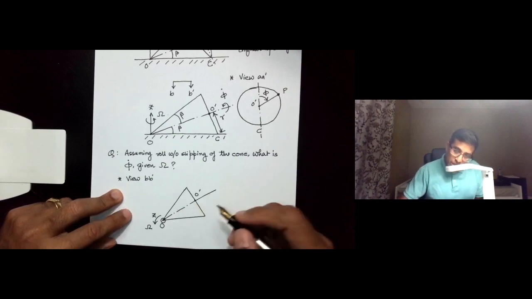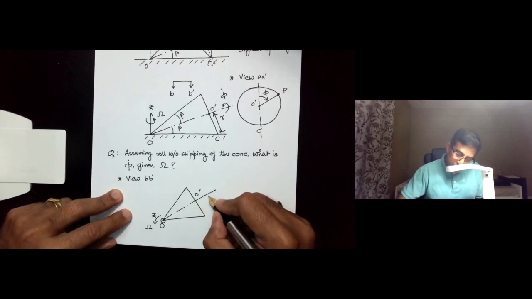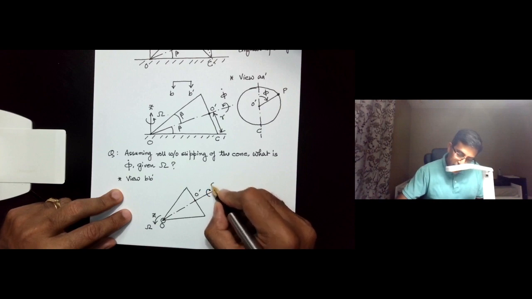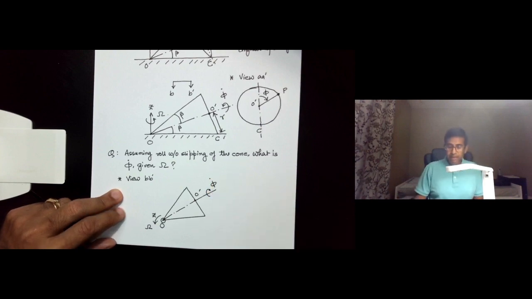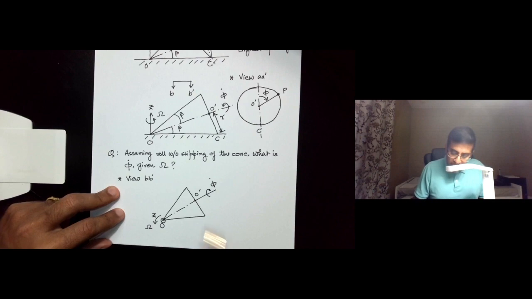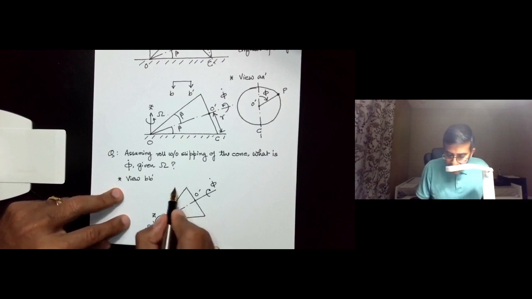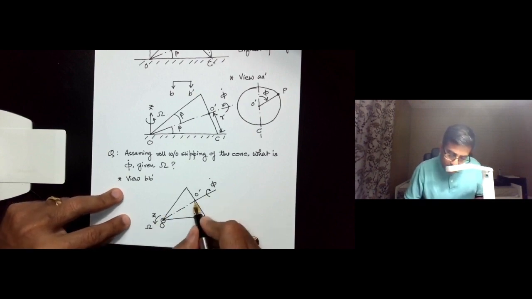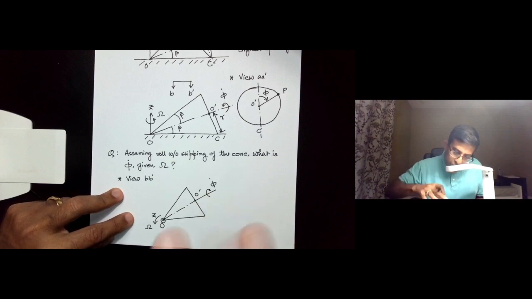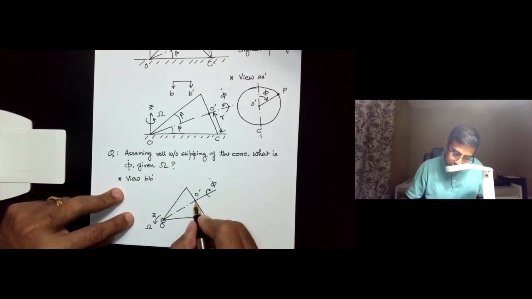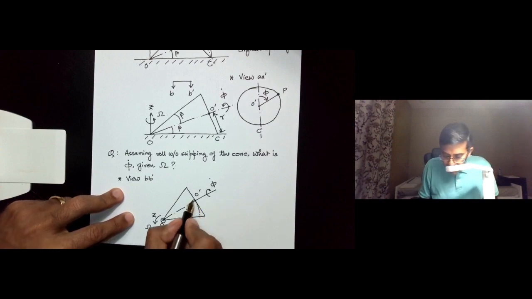It would have a spin about its axis, and that spin is phi dot. And the interesting thing is that this point O prime, if we look at the cone and its motion from the top, is going to be simply tracing out a circular path.